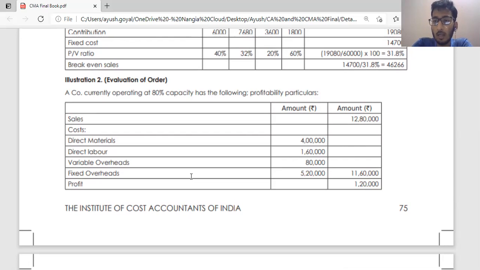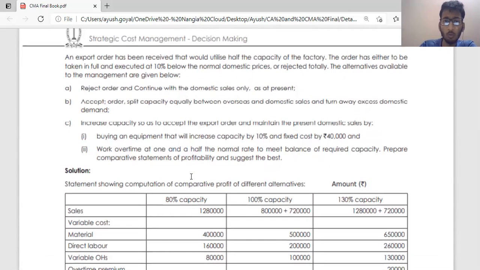So basically the data related to profitability is given to us. We are given the figure of sales, which is 12 lakh 80,000. The costs: direct material cost is 4 lakh, direct labor cost is 1 lakh 60,000, the variable cost is 80,000, the fixed overhead is 5 lakh 20,000, and the total cost is basically 11 lakh 60,000, and the profit is 1 lakh 20,000. So all this data is given to us.